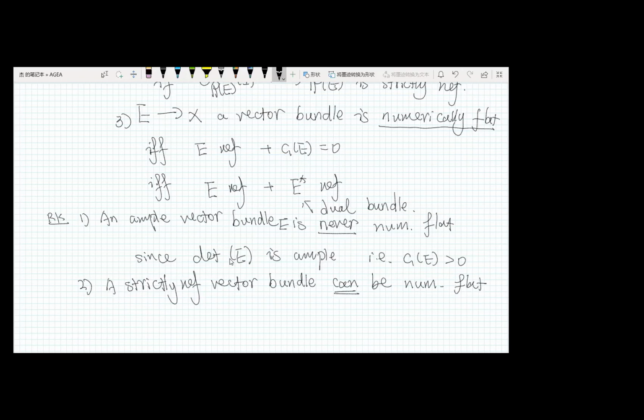In fact, a strictly nef vector bundle can even be Hermitian flat, which means the curvature of this vector bundle is totally trivial. That means in the sense of differential geometry, this vector bundle is flat, and we know that Hermitian flat is stronger than numerically flat.